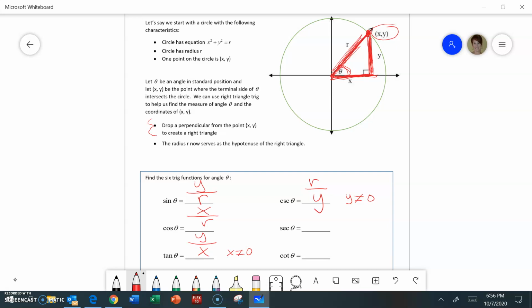But with x, y coordinates, you can have a 0 in your coordinate. So our secant would be r over x when x is not equal to 0, and our cotangent would be x over y when y is not equal to 0. We're going to use these trig ratios to do a couple examples on the next page.